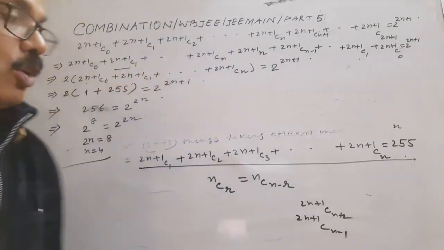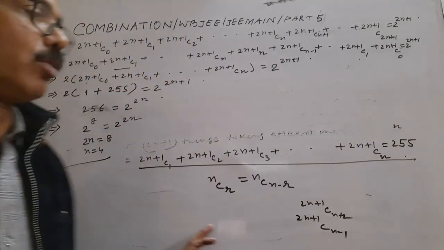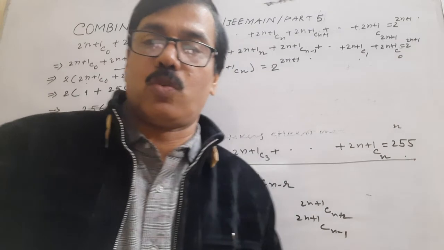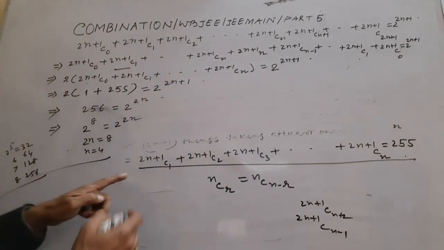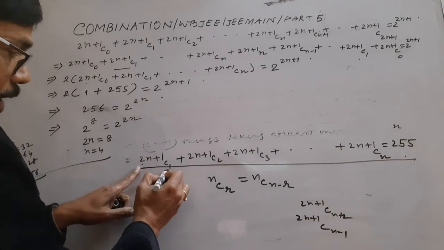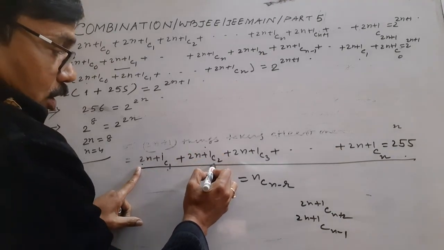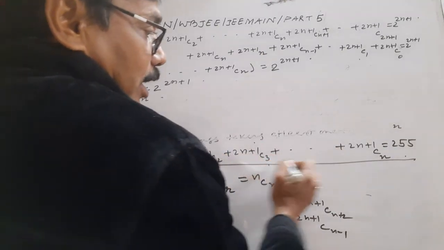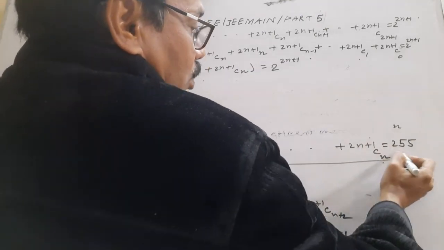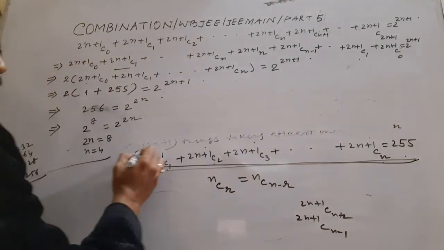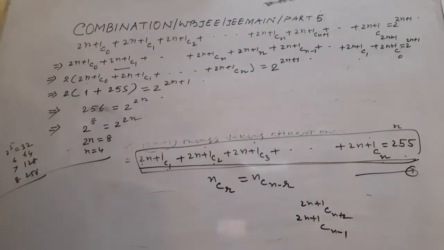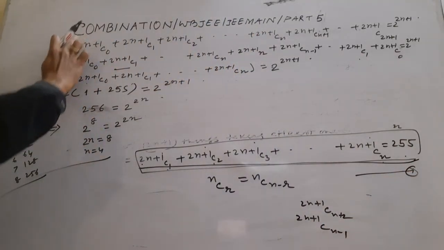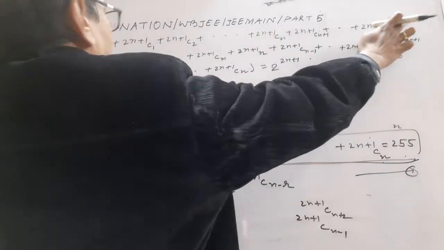So we need here a result of binomial coefficients. Listen again: at least 1 and at most n, 2n plus 1 C1, 2n plus 1 C2, 2n plus 1 C3, up to n, equals 255. So this is our given result, and from binomial coefficients we get this result.